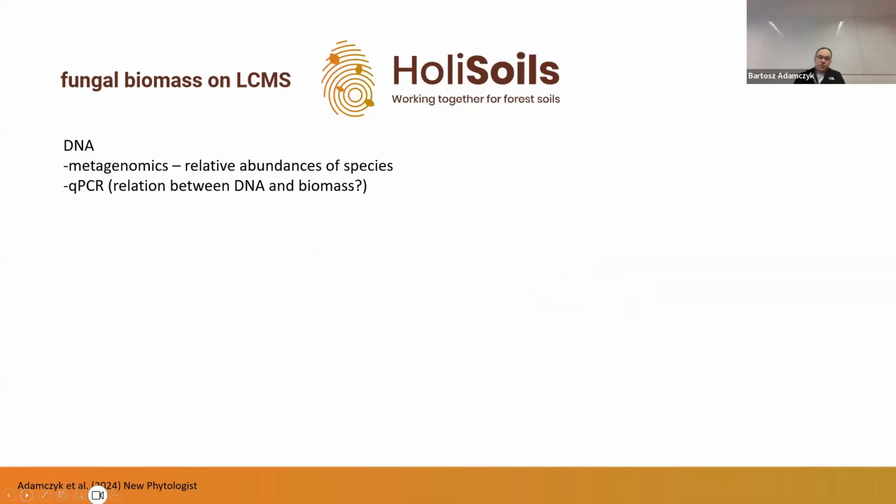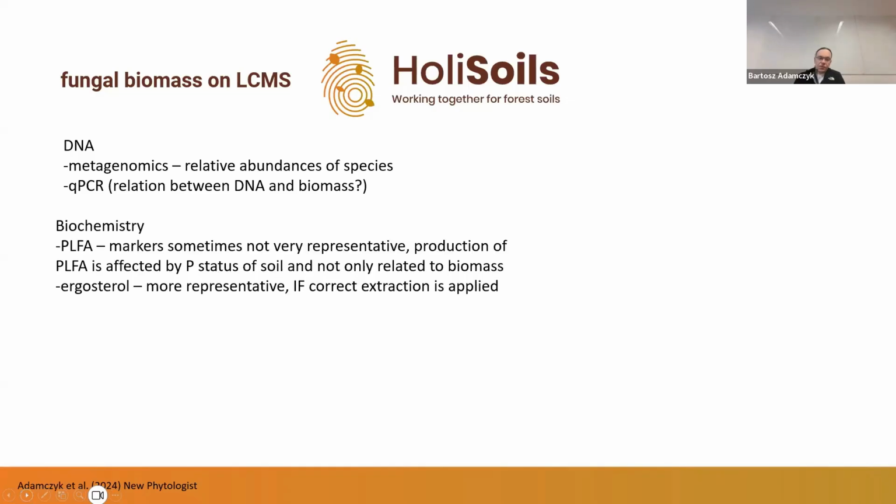So when we want to know about fungal biomass, whether it's bigger or lower, so we want to have a number for fungal biomass. Using DNA, we can get relative abundances of the species. Using qPCR, basically, some estimation of the fungal biomass on the basis of DNA. Using PLFA, we can get something more, but some markers are not very representative in PLFA.